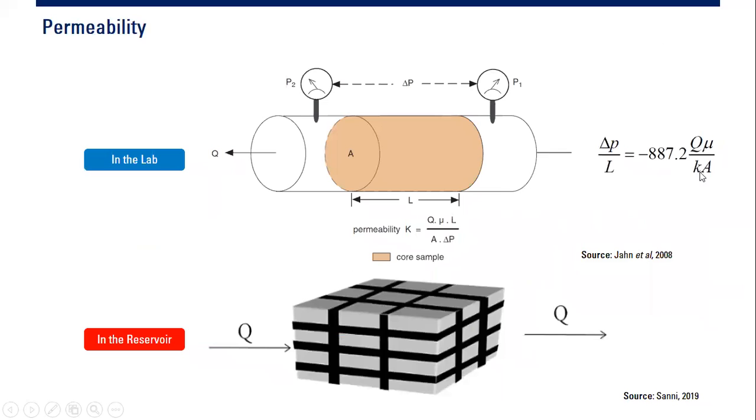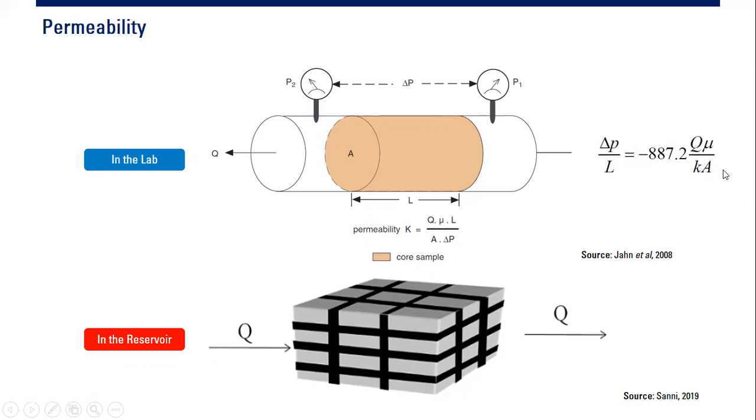Okay? Or this is another depiction. We have a pipe and we put a core inside the pipe with area of A. So we can call it A, area of the flow, okay? And flow rate Q, and we can measure the pressure difference, delta P, from P1, input pressure, and P2, output pressure. And again, the correlation is this.